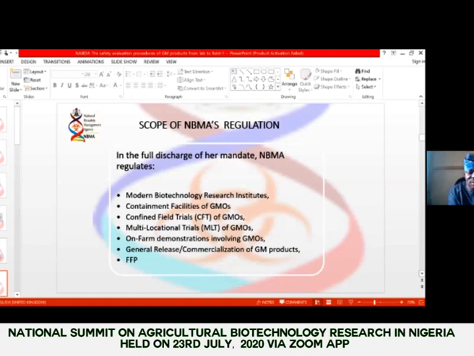Farm demonstrations, where farmers can come to take a look at this product to see their performance on the field. And the general release. This time we're talking about the commercialization of genetically modified organisms, at a larger scale, now farmers can buy them, anybody can buy it. Once they are commercialized, they can also be used for food, feed, and for processing apart from farming.